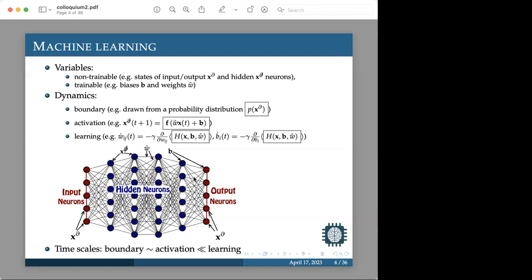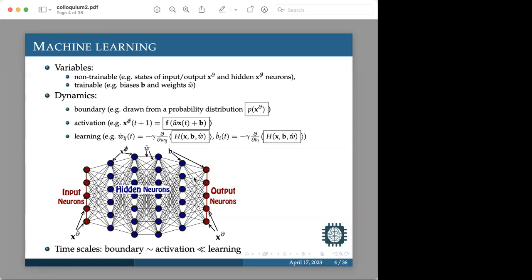Non-trainable are states of neurons, if you're familiar with artificial neural networks. And the neurons can be either in the bulk or in the boundary. We'll discuss that a little bit later. So some of them may be hidden, some of them may be on the input-output layers of your network.